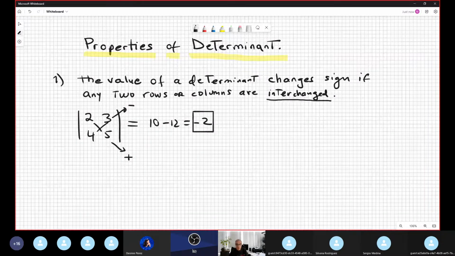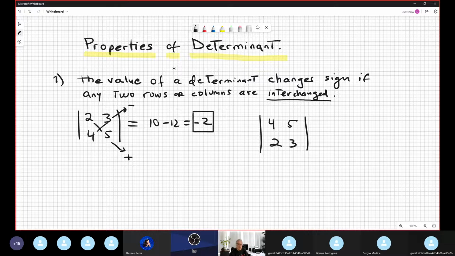Okay, but I want to do something. I want to, for example, interchange two rows. So a new determinant after interchanging the two rows is 4, 5, 2, 3. What am I doing? This is row 1, this is row 2, but you swap, and you put the row 2 in the place of the row 1.